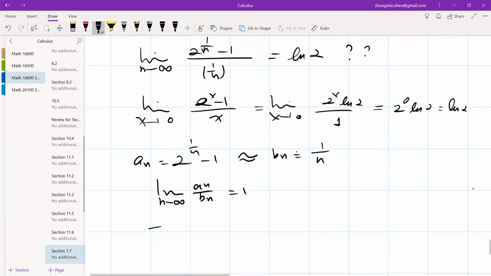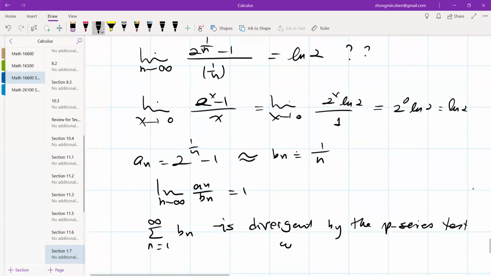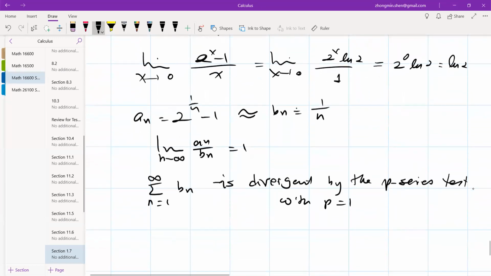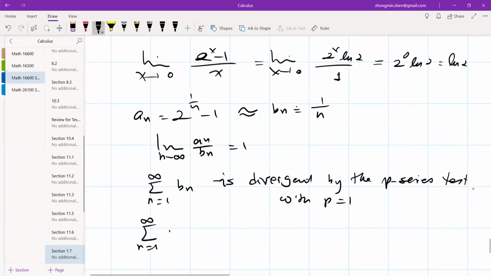But I know that Bn is divergent. You know why it's divergent? By the p-series test, with p equals 1. So therefore, this is divergent by the comparison test, the limit comparison test.